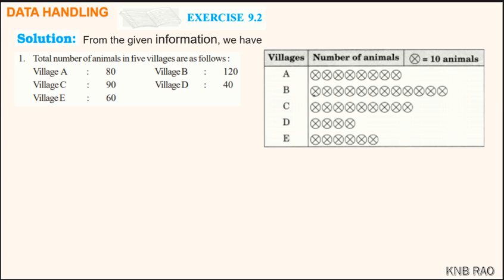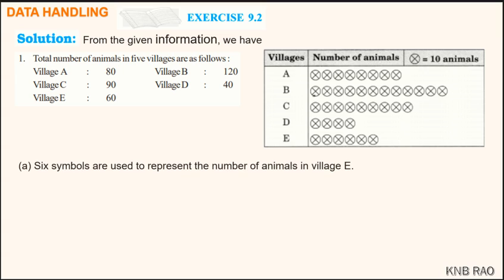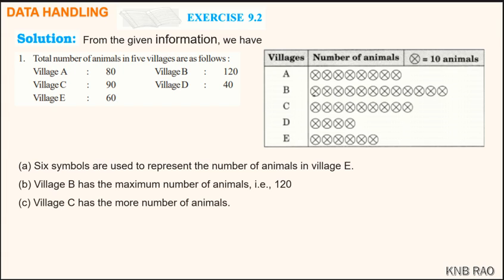This is the pictograph with 8 symbols in village A, 12 symbols in village B, 9 symbols in village C, 4 symbols in village D, and 6 symbols in village E. We can say the minimum number of animals is in village D and the maximum number of animals is in village B. Village C has more animals than village A. He is comparing A and C alone, so in the pair, C has more animals.